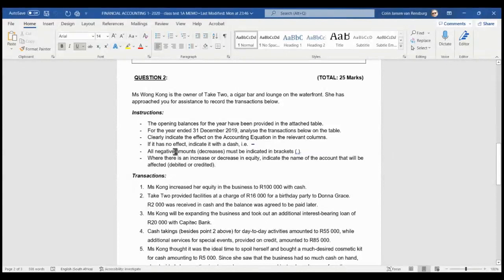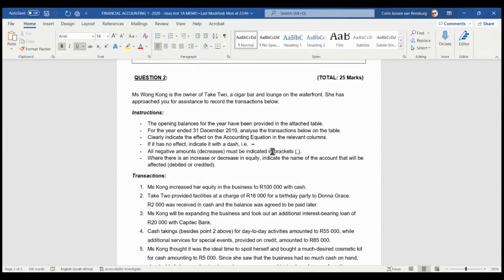All negative amounts or decreases must be indicated in brackets. Now, let us get this straight from the start, ladies and gentlemen. When it comes to financial accounting, your positives and your negatives will always be important.